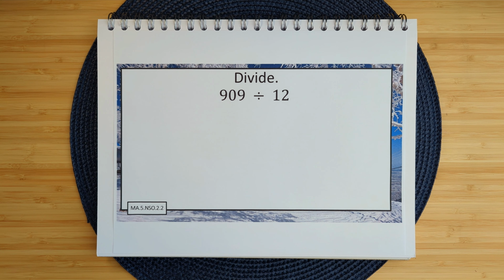All right, this is question number 7. Divide 909 divided by 12. Again, there are many different ways you can solve this.